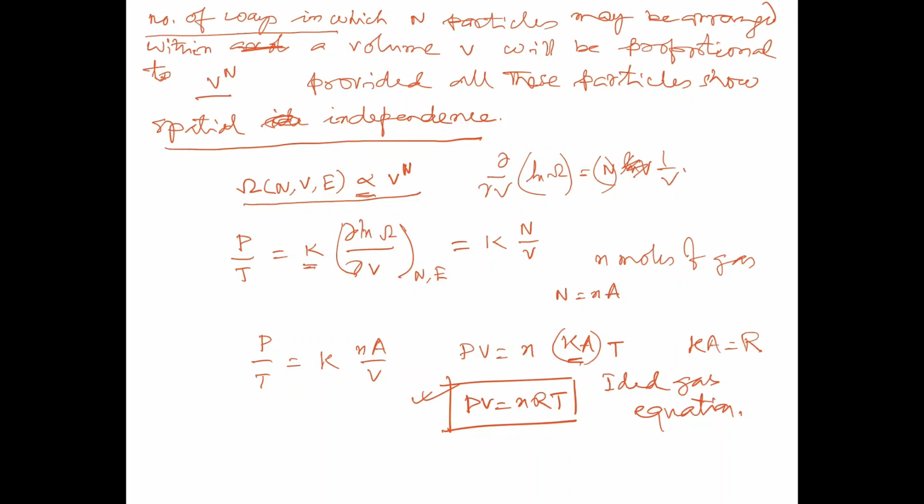We have just mentioned that omega will be proportional to V to the power capital N, if capital N is the total number of particles present over there. And from this statistical consideration, we arrive at this equation, PV equal to nRT. So that is a true derivation of this equation. Before that, we were just mentioning the laws and combining them to find this equation.